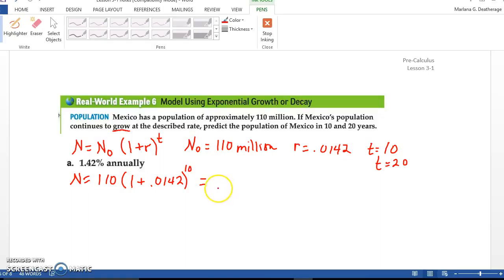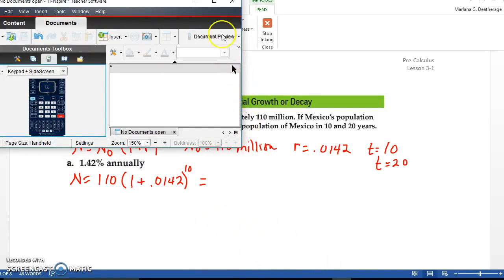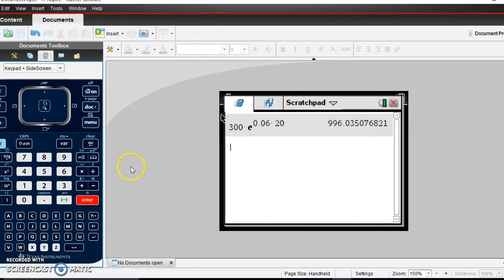Put that in your calculator and tell me what you get. So we have 110 times 1 plus 0.0142, which would just be 1.0142. You could just do that rather than put 1 plus, to the 10th power.